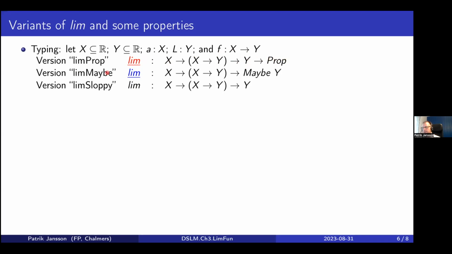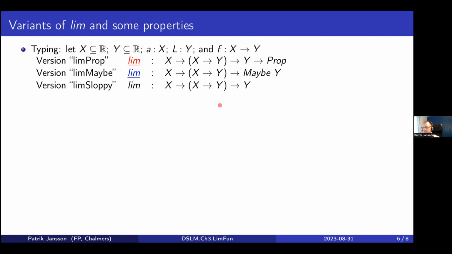Here we also have the types of the other components. So X is a subset of the real numbers. Y is a subset. A is some value in X that we want to look at the limit for. L is a potential limit of type Y, and then the function goes from X to Y. So we could write F from real to real if X and Y are the full sets of real numbers.